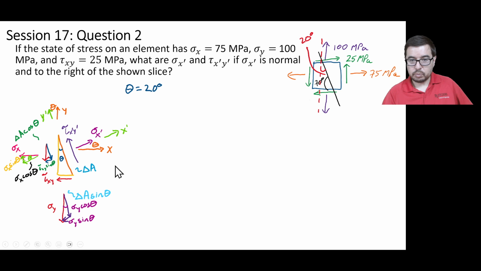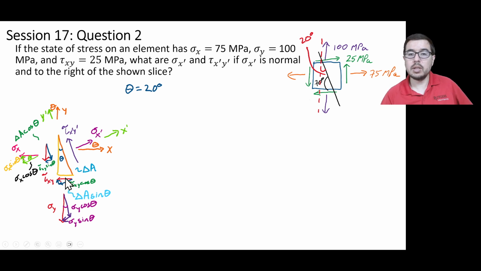Similarly, we can describe these components of the stress on the bottom tau xy as you see here, and we can also pop in the corresponding algebraic representation for those components. So you see we have a tau xy cosine theta for this component. We already have written out a tau xy sine theta for this component.